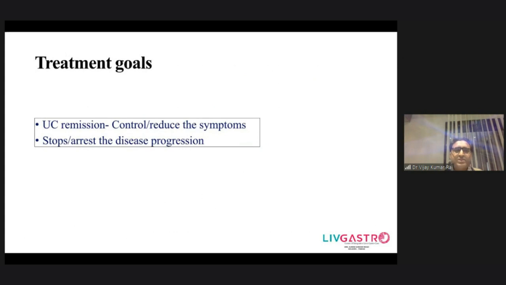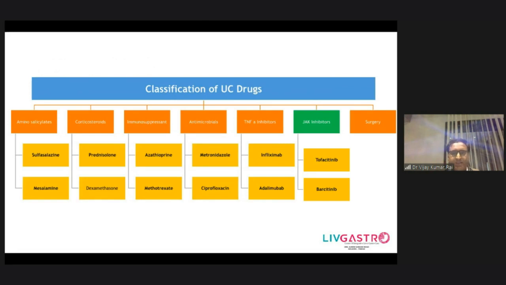So treatment goals, again, our treatment goals for the patient of ulcerative colitis: first is to control, that is induce the remission, and second is to maintain that remission. That is the goal. That is the basic of treatment of ulcerative colitis. This slide was already explained by Mahapatra sir, what are the therapeutic options we have today.